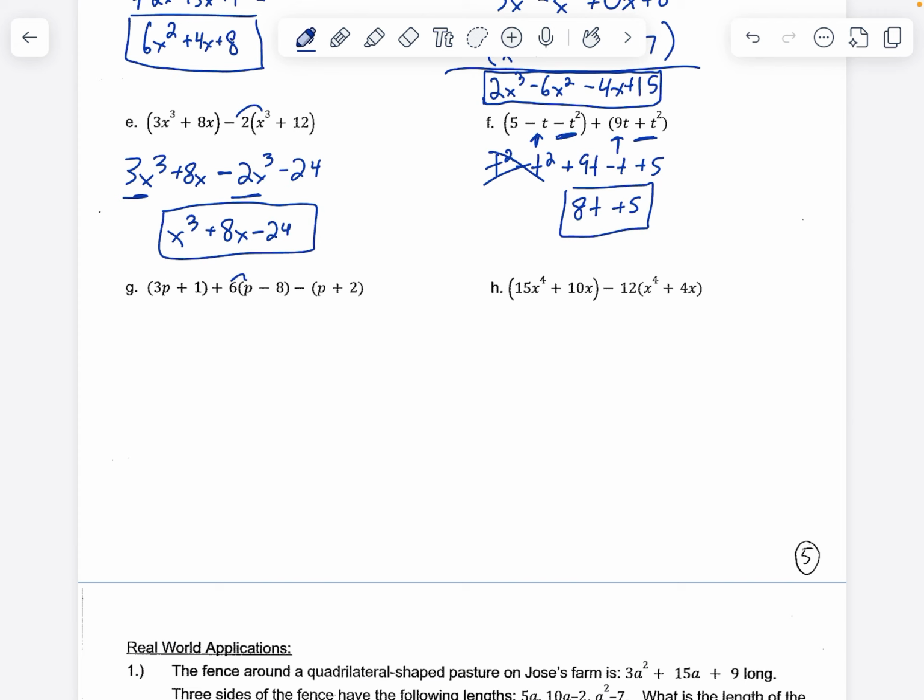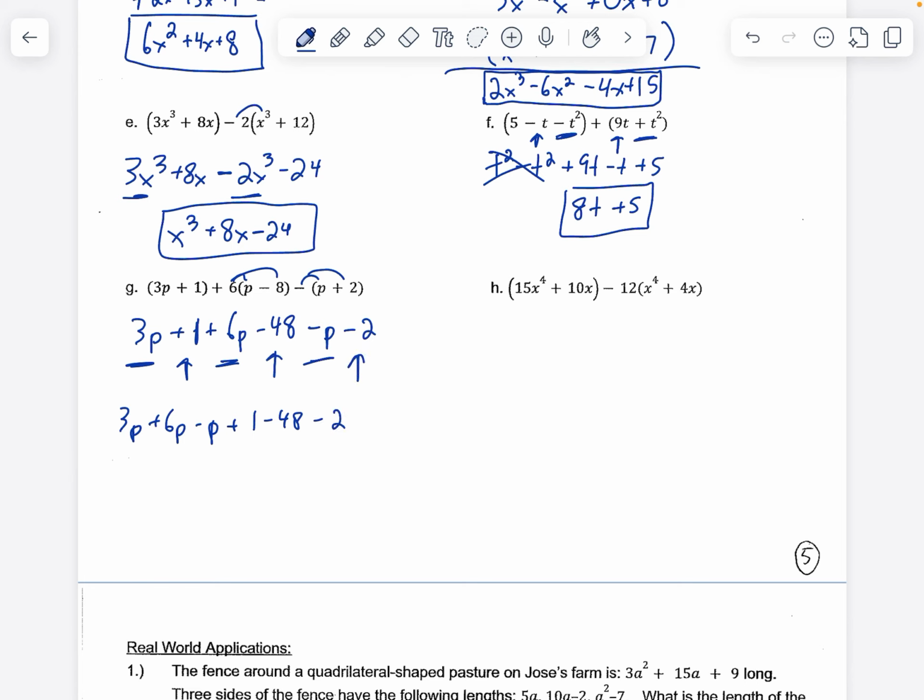For G, we have to distribute both the 6 to the p and the negative 8, and the negative sign to the p and the 2. After that, we're going to combine together all of our like terms. So 3p and 6p and negative p, and 1 minus 48 minus 2.